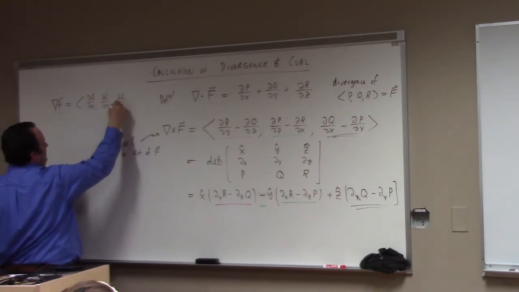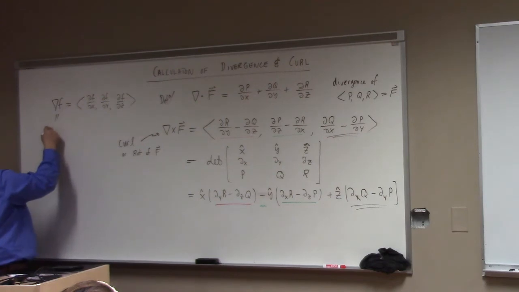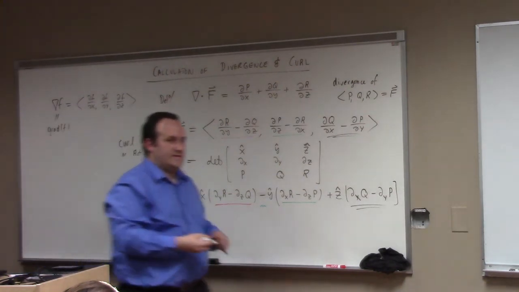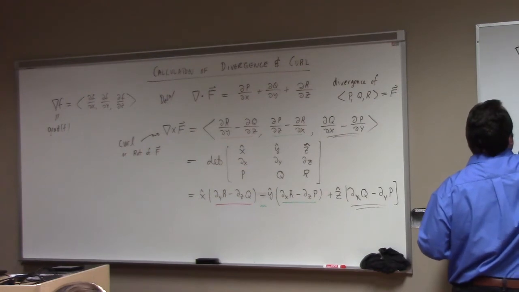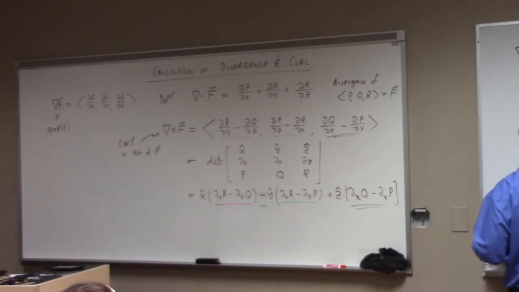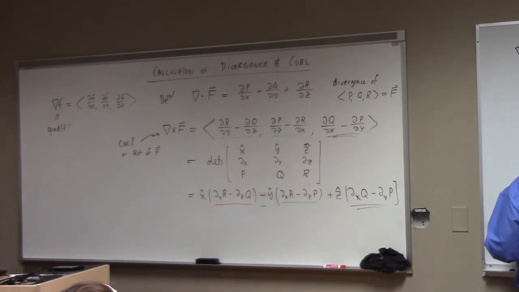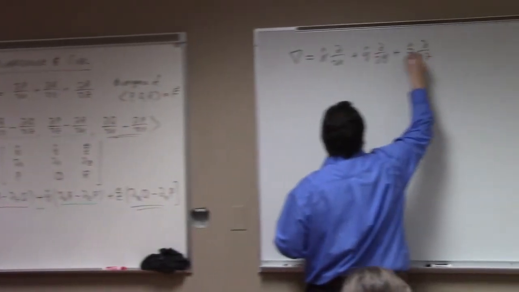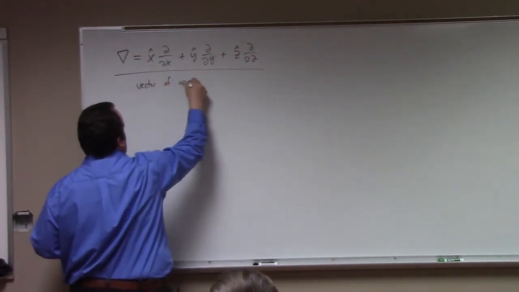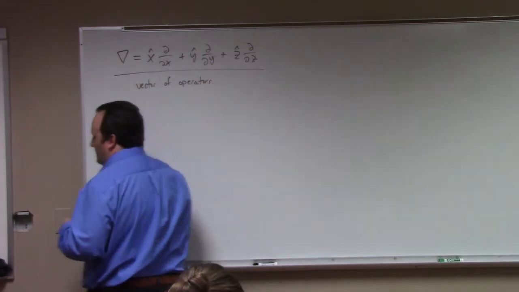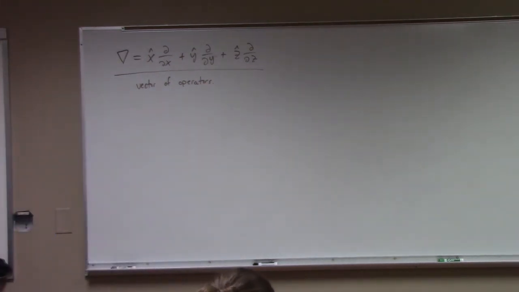Keeping it 3D for the moment, this is also the gradient of F. So in some sense, this operator, this nabla, we can think of as being x hat partial x plus y hat partial y plus z hat partial z. This is a vector of operators. It's apparently somewhat important for our discussion. You have to be careful, but you can understand these definitions in terms of some sort of formal dot product or formal cross product, right?